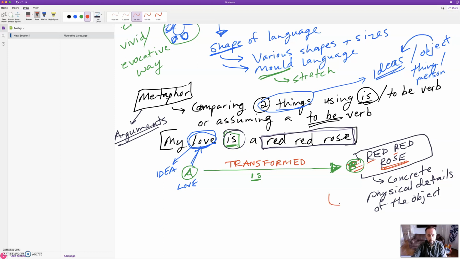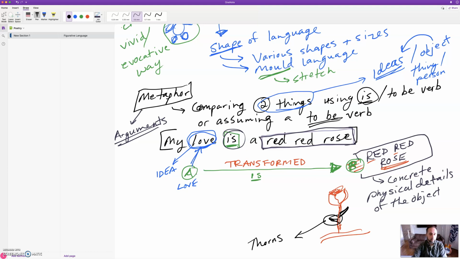So let's think about a rose. Like, what's going on here with this particular metaphor? Well, we've got the petals. Rose is quite a beautiful flower, right? But there's some other stuff on a rose, right? We have these sharp guys called thorns. Okay, these are called thorns.